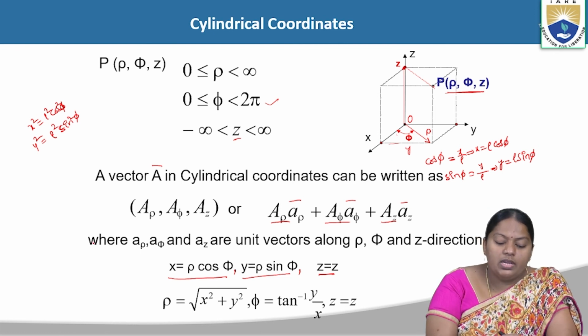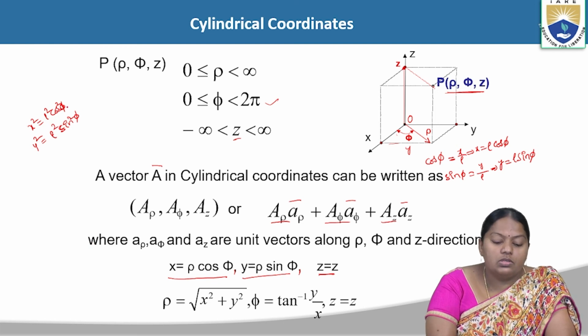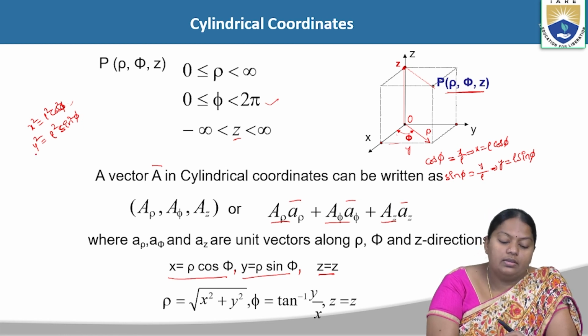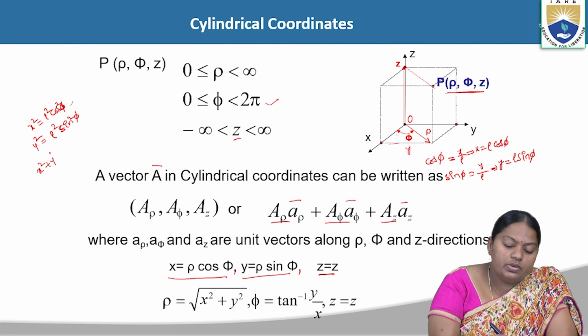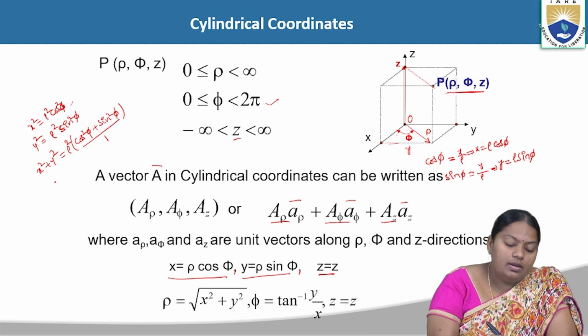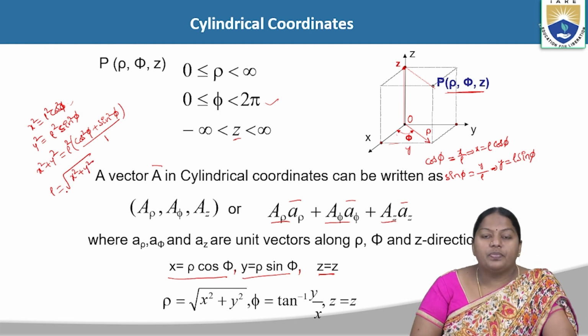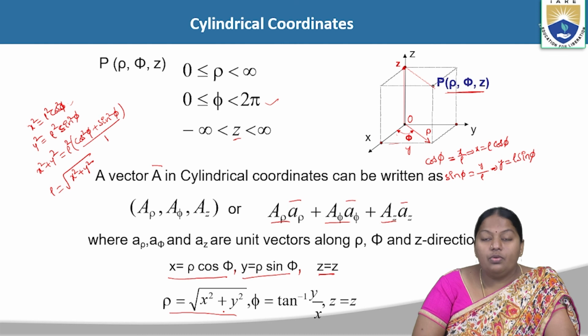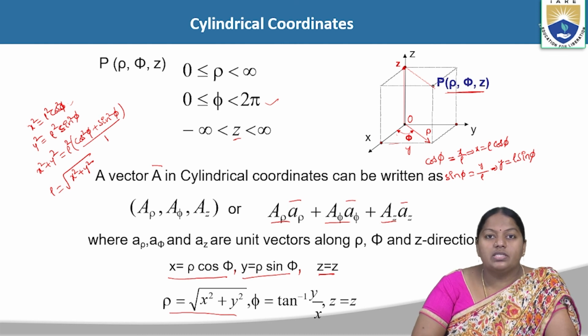So by squaring on both sides, x square is equal to rho square cos square phi and y square equal to rho square sin square phi. Now by adding these two, x square plus y square equals rho square cos square phi plus rho square sin square phi. If we take rho square as common, cos square phi plus sin square phi can be written, and this is equal to 1. Now from this, rho is equal to root of x square plus y square. Okay. So that can be obtained as rho equal to root over x square plus y square.